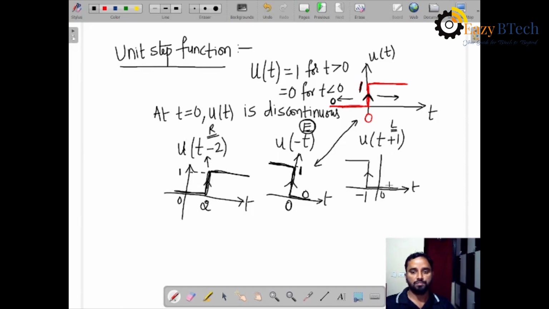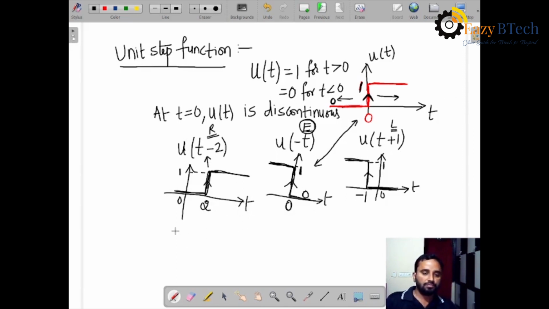Here we have 0. So amplitude is 1 only. So now the step signal is shifted left by 1 unit.